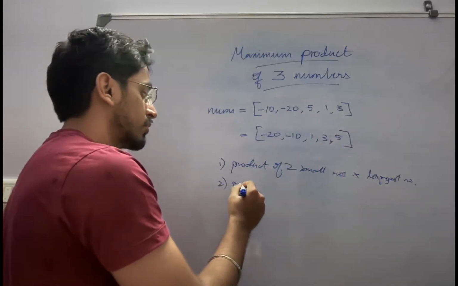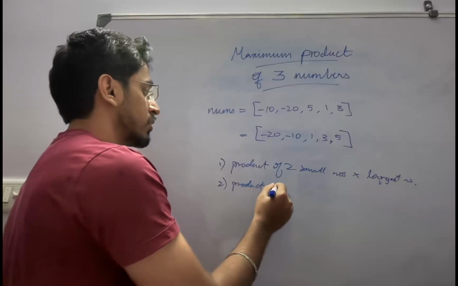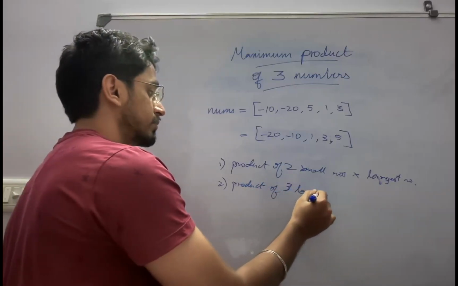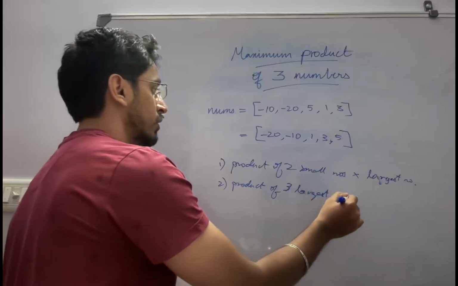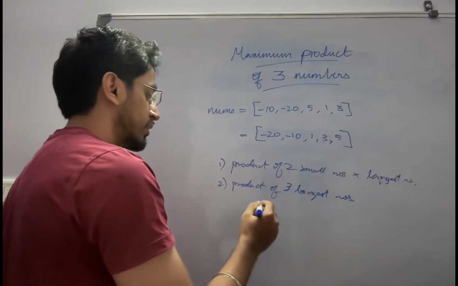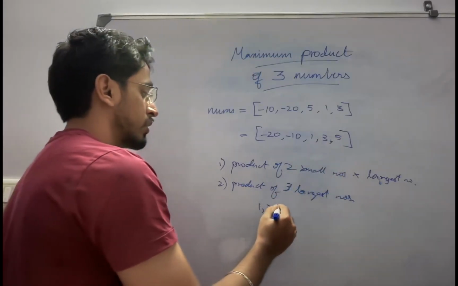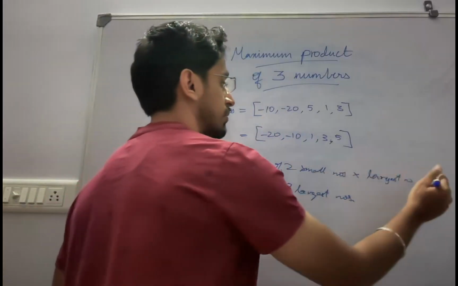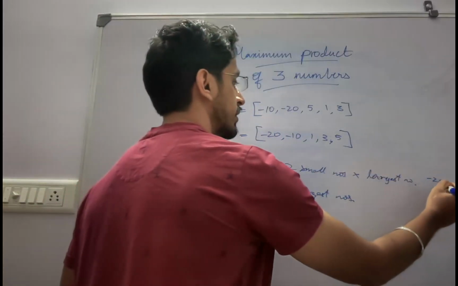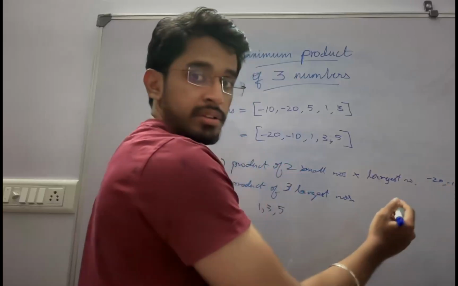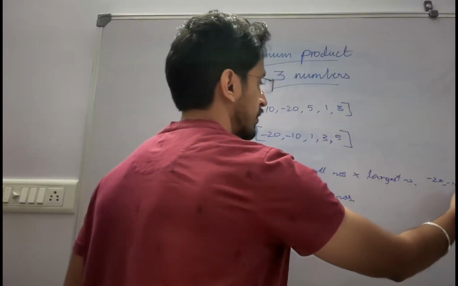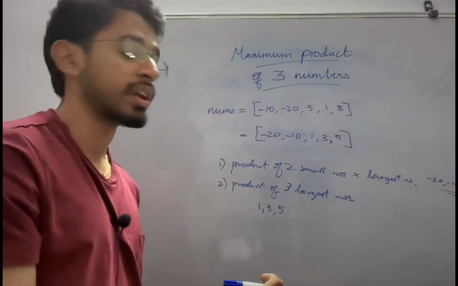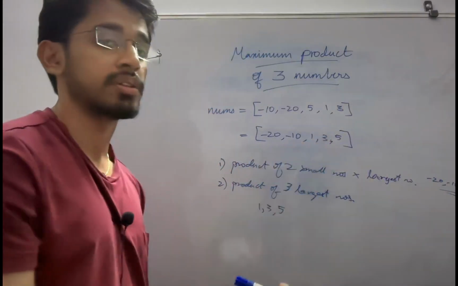So product of three largest numbers. Okay, so that is 1, 3 and 5. Whereas for this first approach is minus 20, minus 10 and 5. Okay, so we just need to compare which is the largest, and we just need to return those particular numbers.